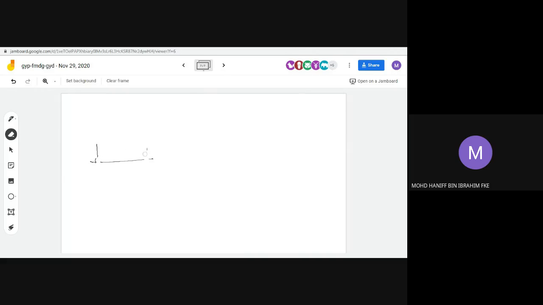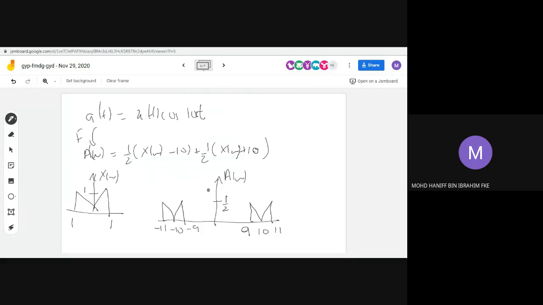If you refer back to the question, your H(ω) will look like this, which is at 9 and 10, and also from minus 9 and minus 10, with amplitude 1. And if we refer back to the A(ω) just now, A(ω) will be the input to H1(ω).